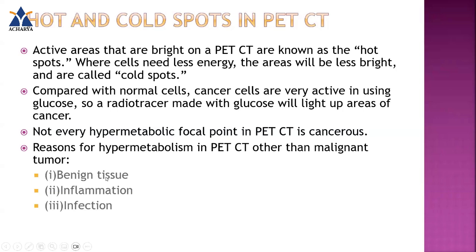There may be benign tissue, inflammation, and infection. Due to these factors also, hypermetabolism can take place. So it is not 100% sure that if it shows hypermetabolism, it is definitely cancer tissue. It may be due to benign tissue, inflammation, or infection.